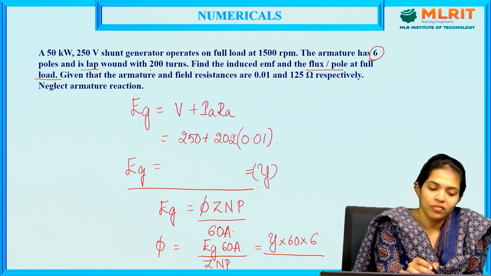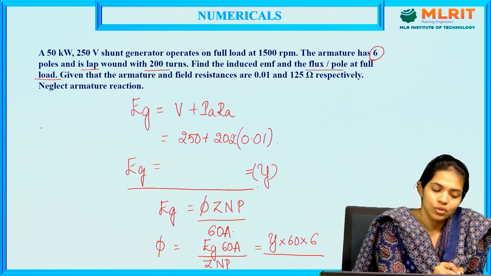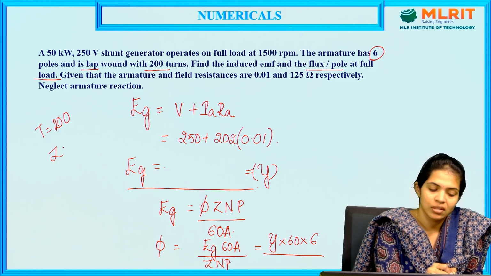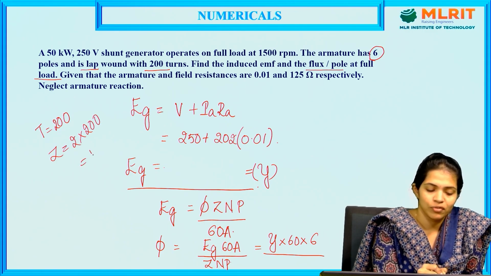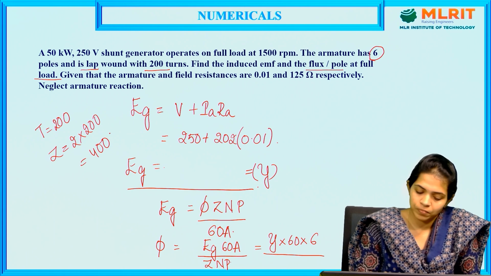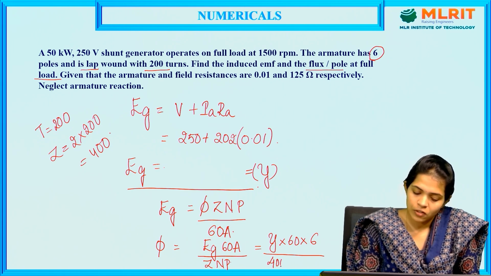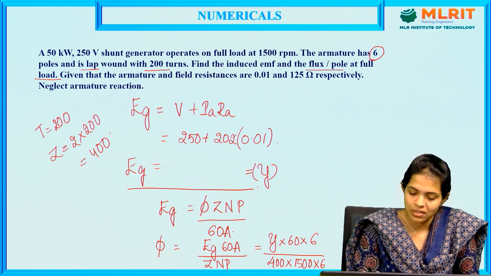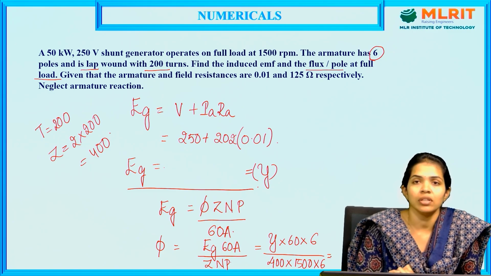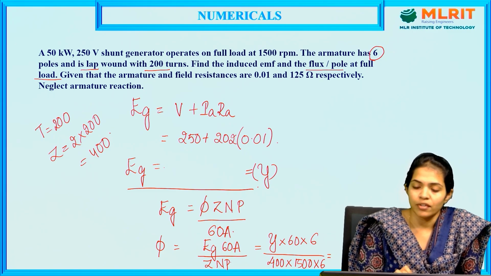The number of turns is given as 200, so the conductors will be twice the turns, which is nothing but 400. Speed is given as 1500 rpm and the number of poles is 6. From this we can find the flux per pole under full load condition.